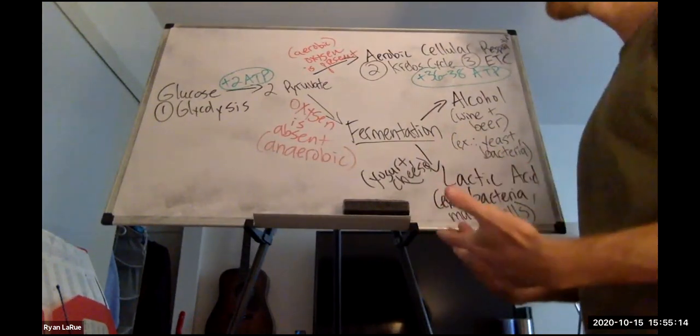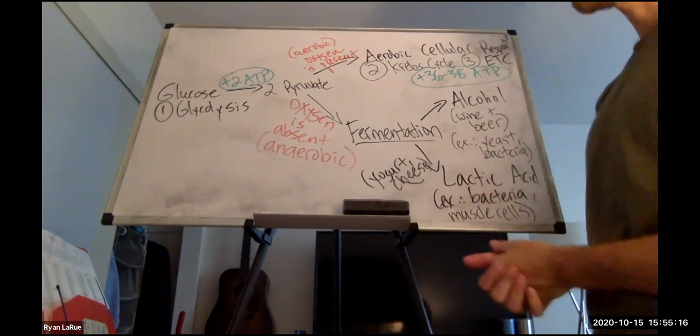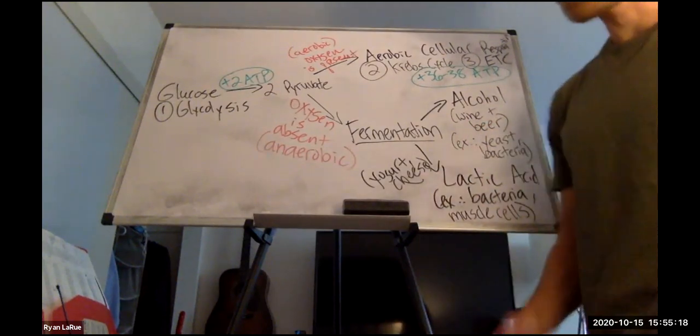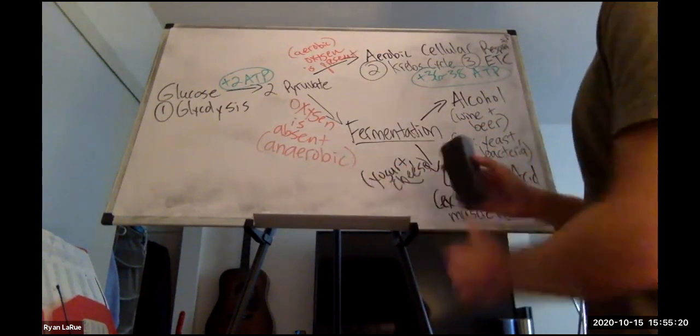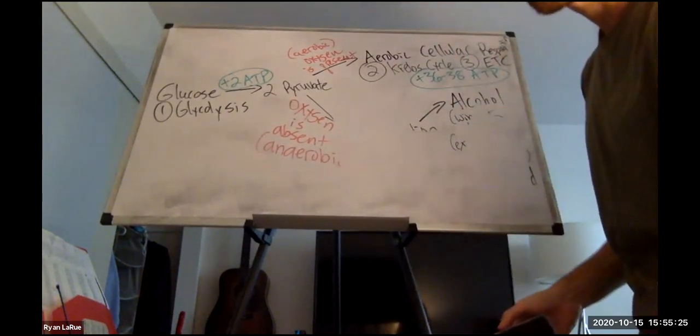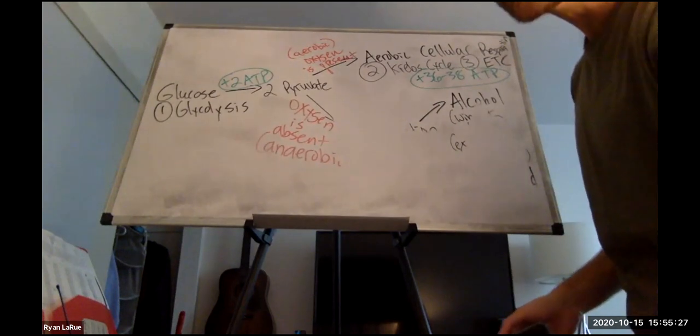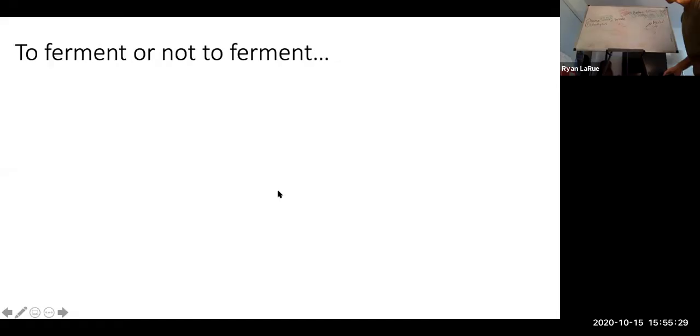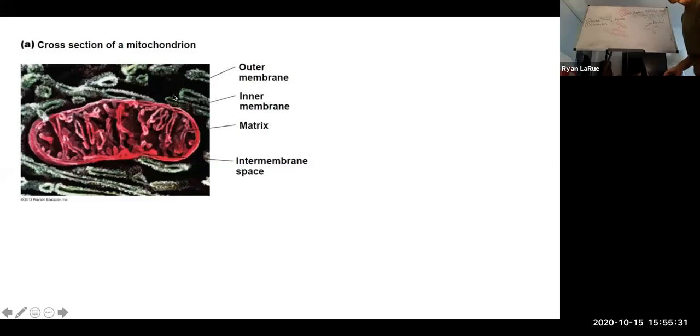To get a sense of where things are happening, we're going to draw a single mitochondrion. Here's an electron micrograph of a mitochondrion. We learned about the mitochondria when we talked about organelles.